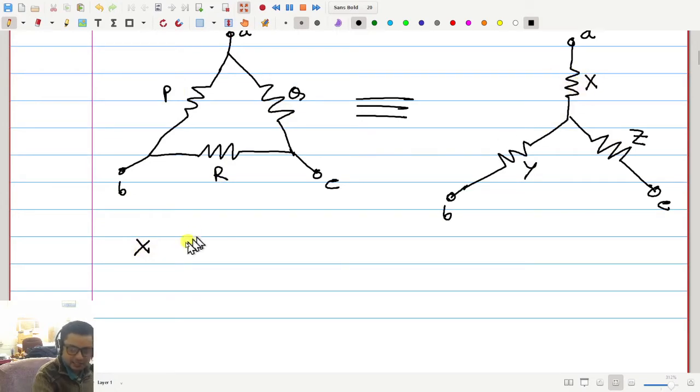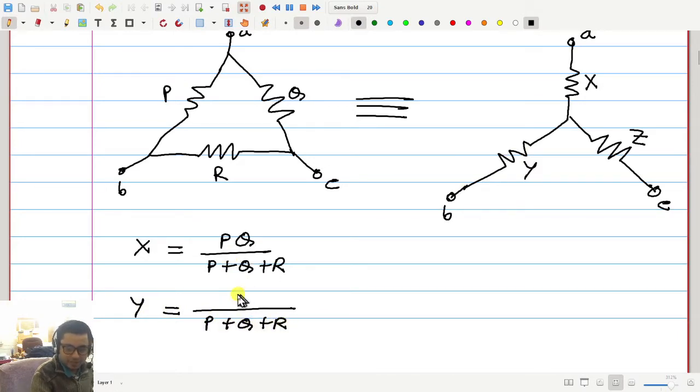X is equal to the product of P and Q divided by the sum P plus Q plus R. Similarly, Y will have the same denominator, P plus Q plus R, but the numerator will be the product of the two resistances adjacent to the same node B, P and R. And in the same way, Z will be QR divided by P plus Q plus R.